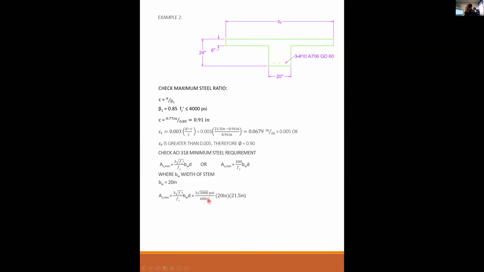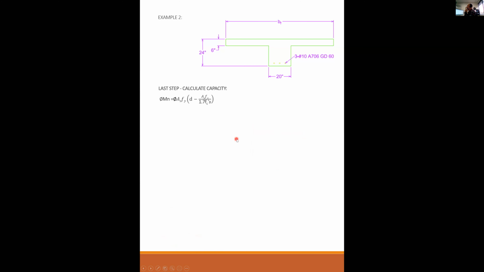Okay, so you've used this a few times now. Minimum steel is 1.18, or minimum steel is 1.44. 1.44 will control. We are providing 3.81, which is greater than 1.44, so we're okay there. So here I checked my maximum steel. Here I've checked my minimum steel.